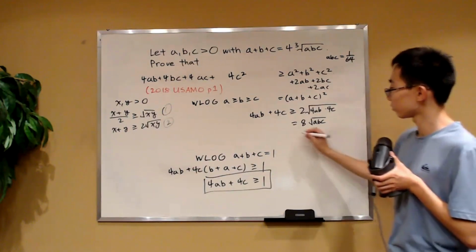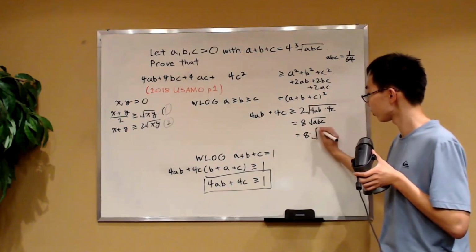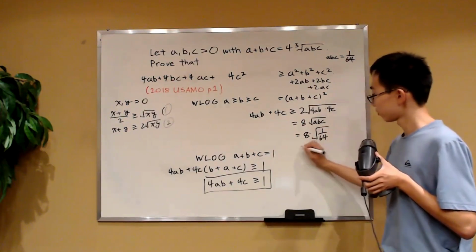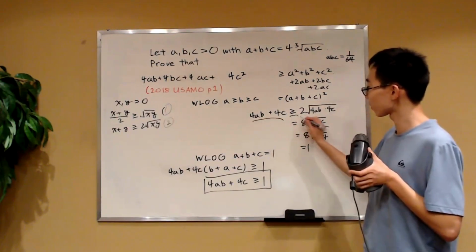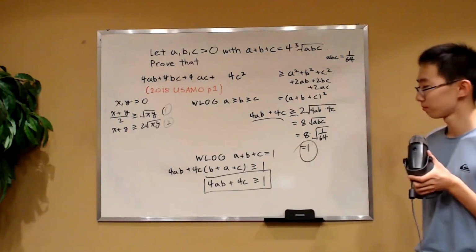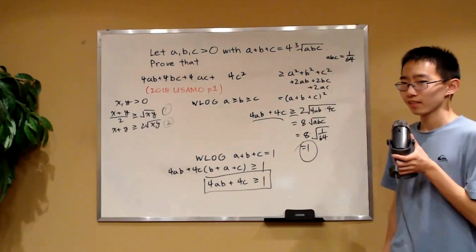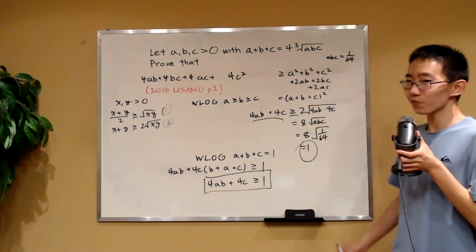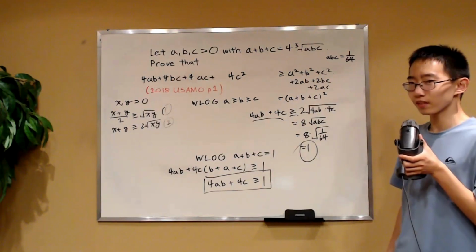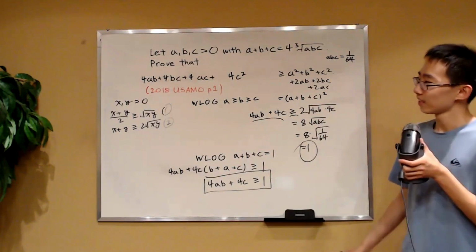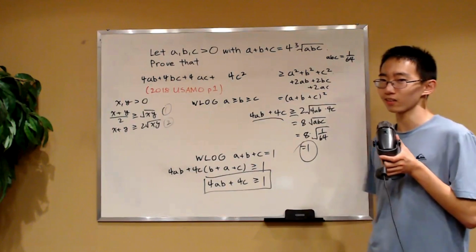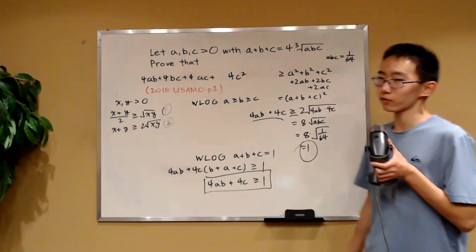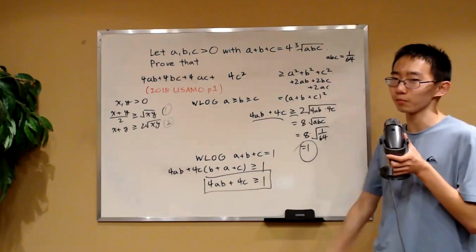So this side becomes 8 times the root of 1 over 64. It's 1. Perfect. So this expression is indeed greater or equal to 1. Proved. We're done. As you can see, if you know the right things, it's kind of underwhelming, right? However, it's a very great problem, with a very nice and elegant solution, especially for people who are just starting with Olympiads.